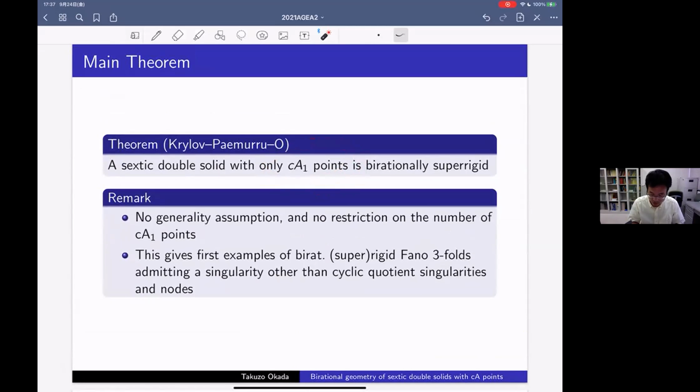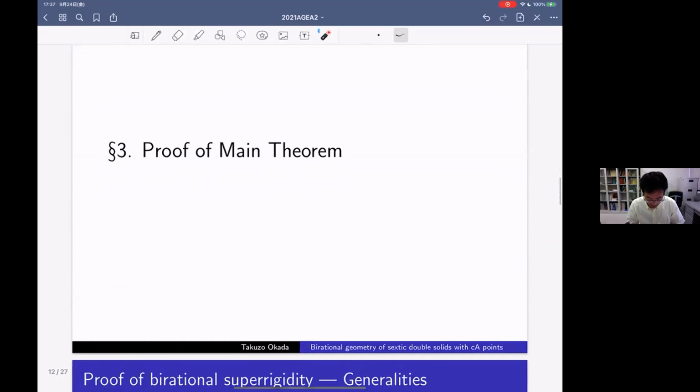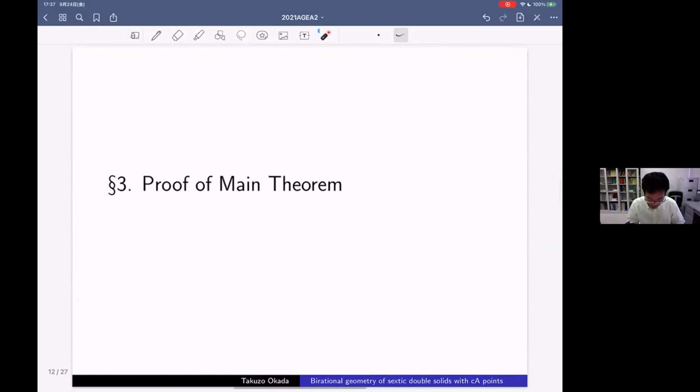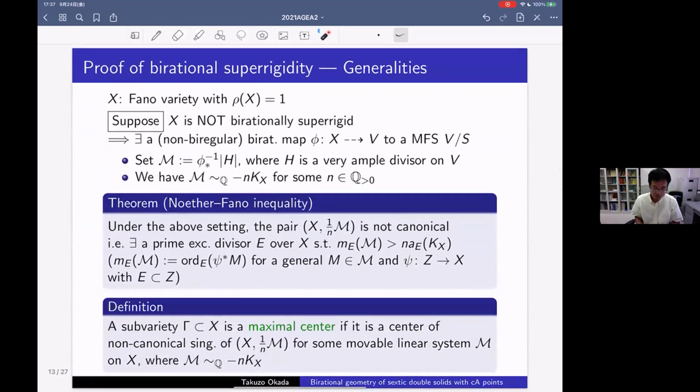So we need to treat CA1 points very carefully. And okay, so I explain this kind of thing. First of all, I explain some generalities on the proof of birational superrigidity.